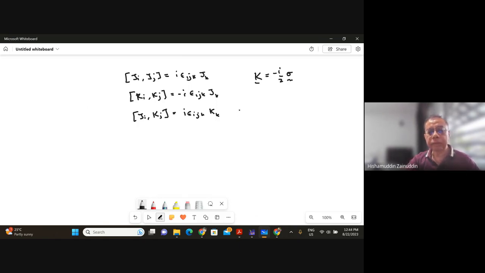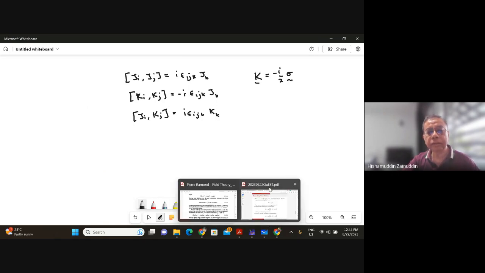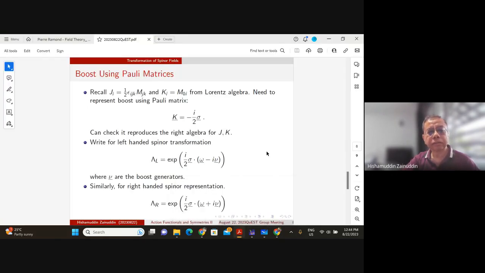So let me go back to the slides. I think we're near the end. So in this case, you can check the algebras, and the way we show that there is a difference between the left-handed and the right-handed is the way your boost parameter and your rotational parameter are combined with each other.